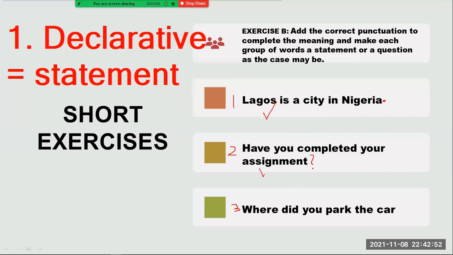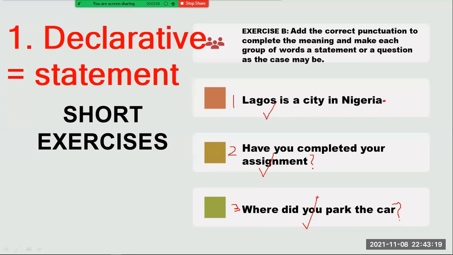If you ended the second with a question mark, you have to tick it good as well. Now, the third one: Where did you park the car? This is also a question, so it has to end with the question mark. So if you ended this with a question mark, then you tick it as well.